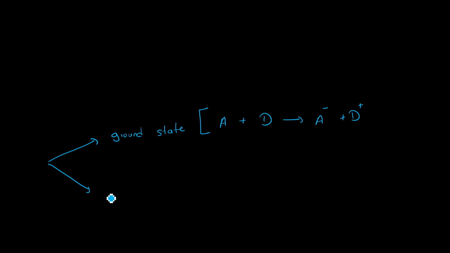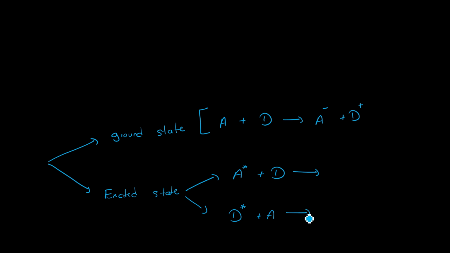Now in the excited state, we have two mechanisms. Either the acceptor can go to the excited state and the donor can be in the ground state, or the donor can be in the excited state and the acceptor can be in the ground state.